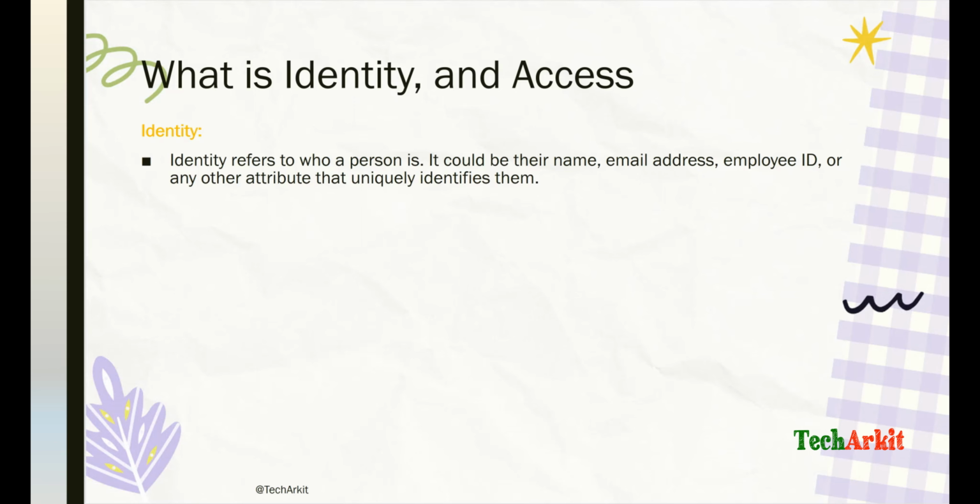Identity means you have some ID associated with that particular name of the user. It could be their name, email address, employee ID, or any other attribute that uniquely identifies them. So that's the information of identity.